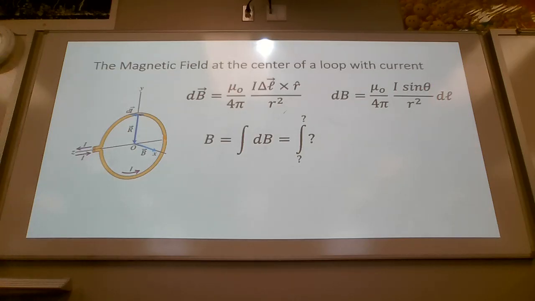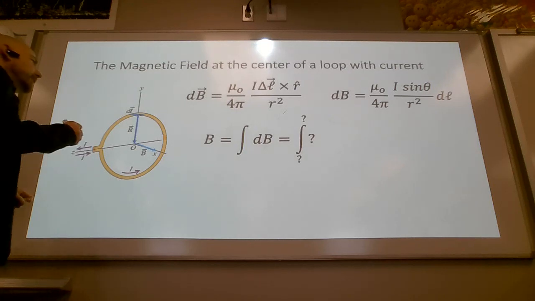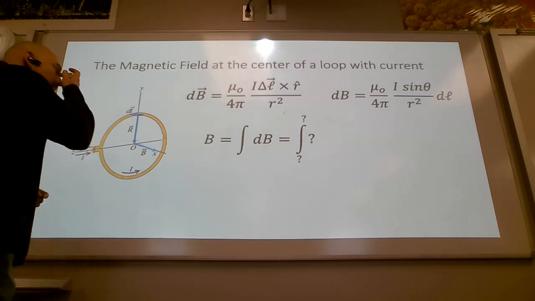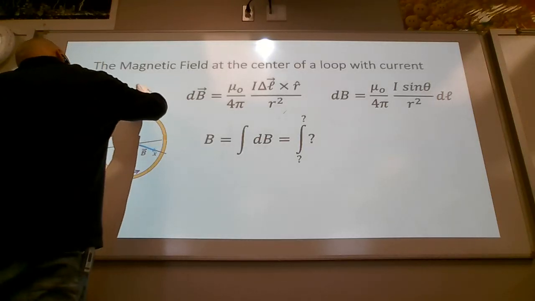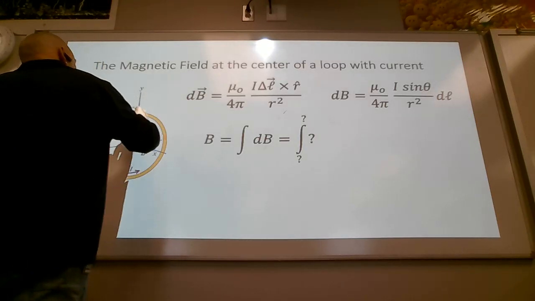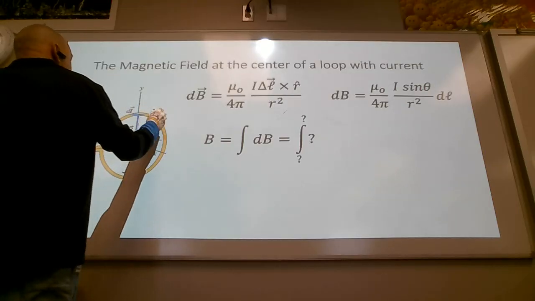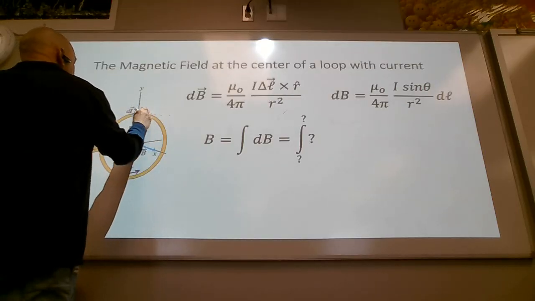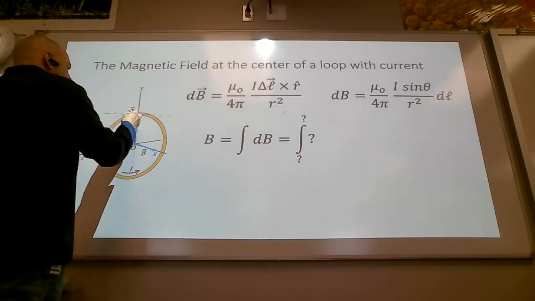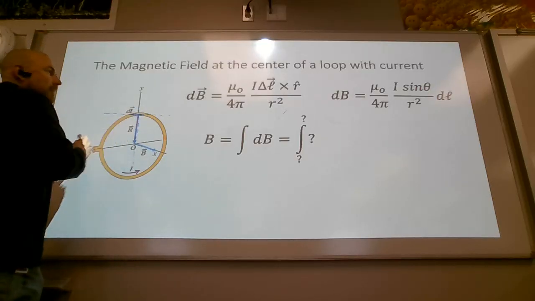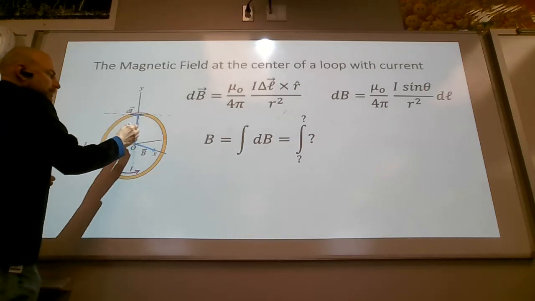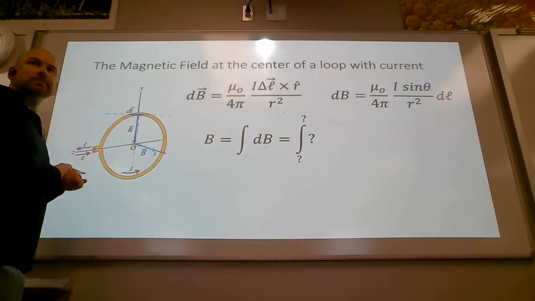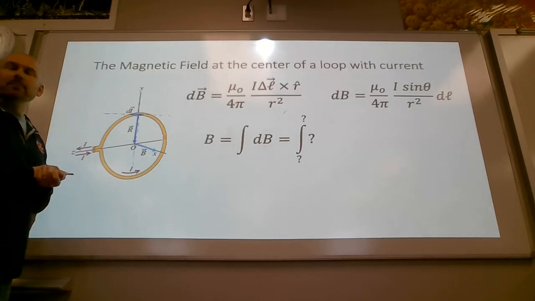So here, if we made this our axis, how much of that current is going perpendicular to this radius vector at the center?